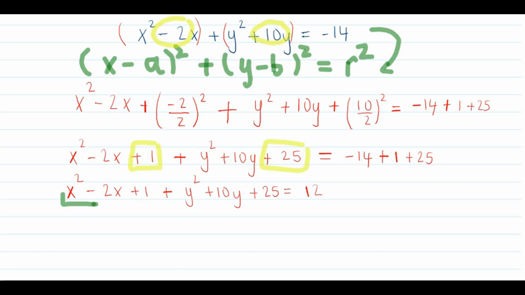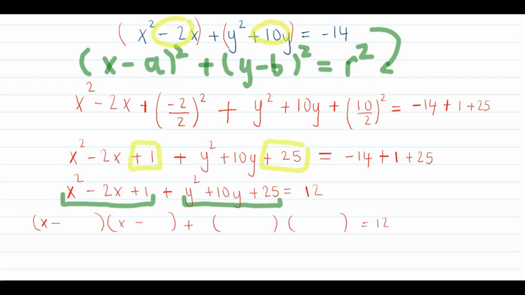So it's x there and x there. We want to get a positive, so it's going to be a negative and a negative. And then the factors of 1 that, if you add them together, give us a negative 2, are minus 1 and minus 1, right? Let's factorize the second part. You've got a y and y, and you want to get a positive, and you've got all positives, so it's going to be a positive and a positive, right?